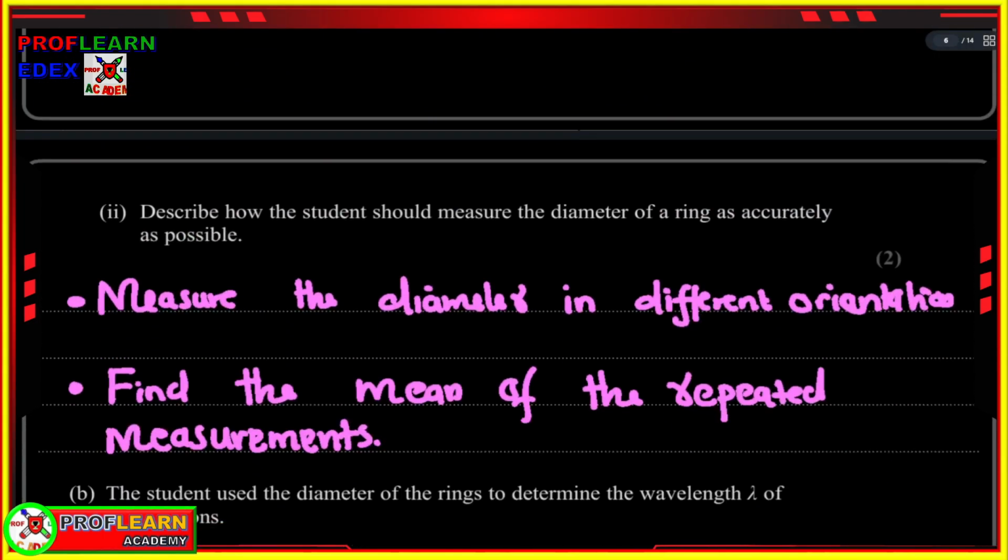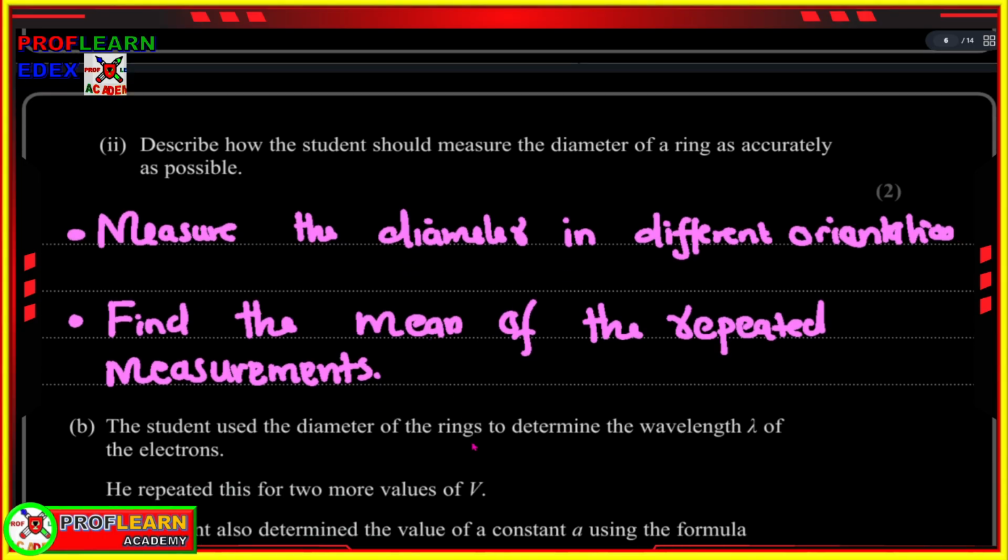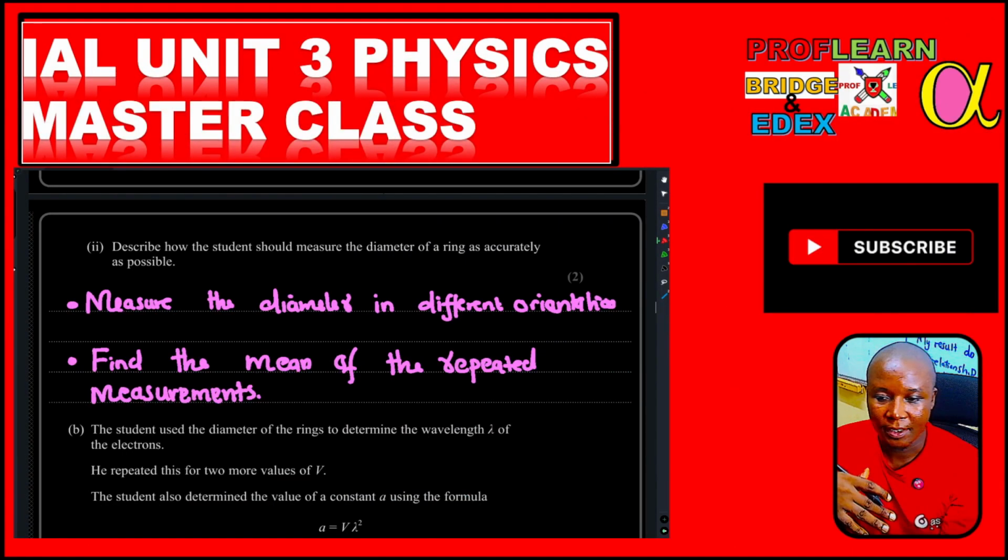Moving to part 3, we are supposed to describe how the student could measure the diameter of the ring accurately, and remember, the student has used a vernier calipers. So the next thing the student is going to do is check the zero error. Once he has checked the zero error, the student is likely to correct that error, and that is going to make the measurement a bit more accurate.